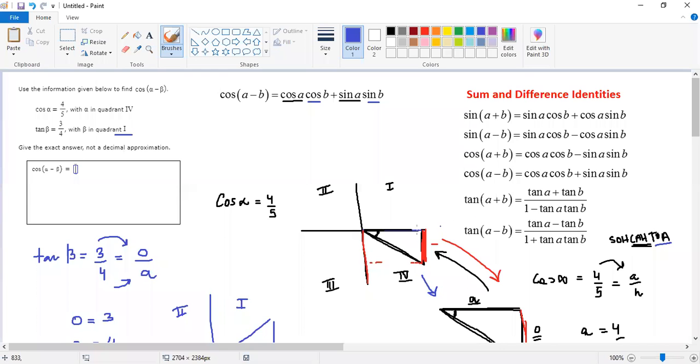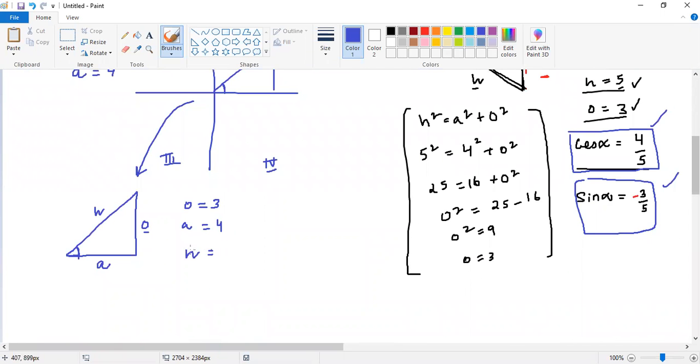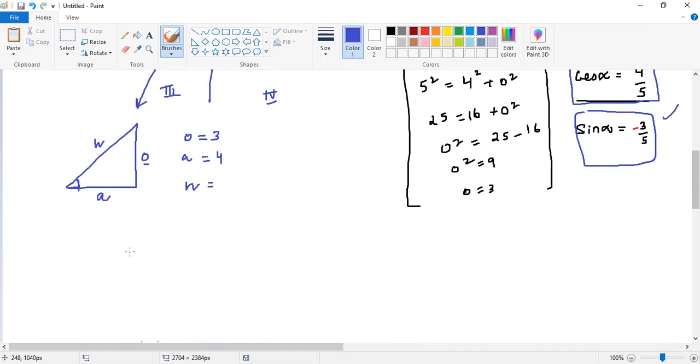So our H is our unknown, and we're using the Pythagorean theorem, which says H squared equals O squared plus A squared. That's just both sides of the triangle squared. So H squared is equal to O squared, which is 9, plus A squared, which is 16. H squared equals 25, therefore H equals 5.